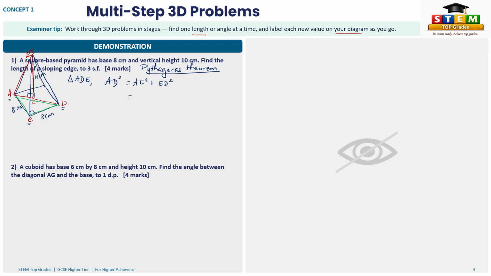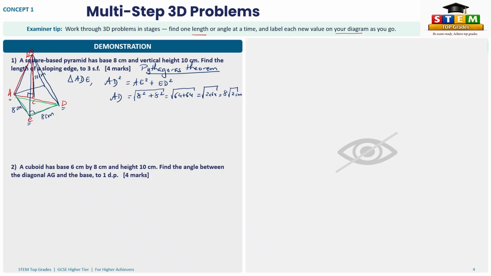So that gives me 8 squared plus 8 squared. So AD is going to be the square root of 64 plus 64, which is 2 times 64, and then you're going to get 8 root 2, and that's in centimeters. So that's AD.